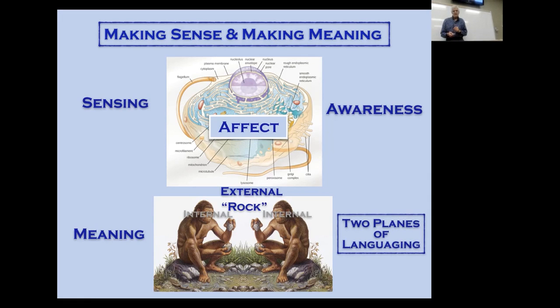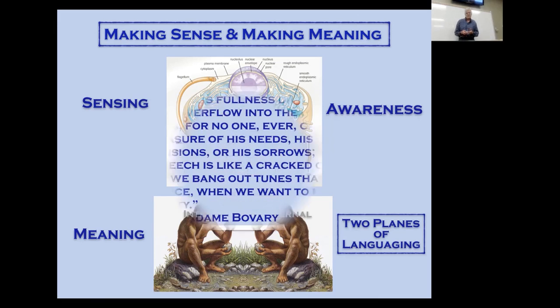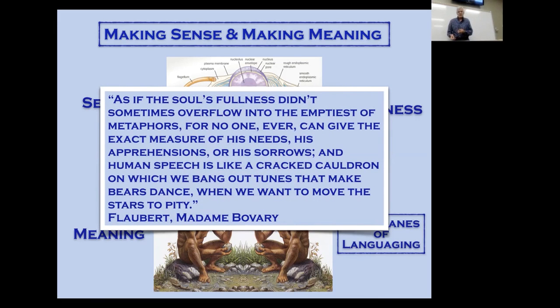And I talked about these two planes of languaging. I came across this quote and it has to do with word and words, and I'll read it. As if the soul's fullness didn't sometimes overflow into the emptiest of metaphors, for no one ever can give the exact measure of his or her needs, his apprehensions, or his sorrows.